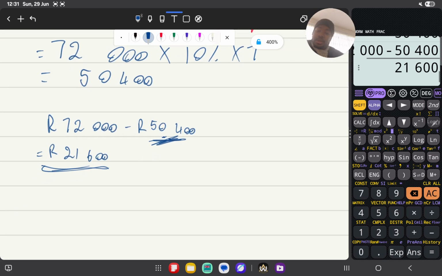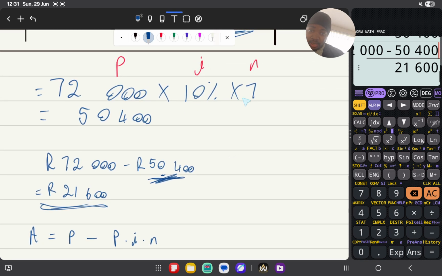Therefore, let's say this is the accumulated amount, the amount at the end of the period. That money is actually, because we have here P, and then we are subtracting this one, which is actually P multiplied by interest multiplied by N. Do you see it? Here it is.